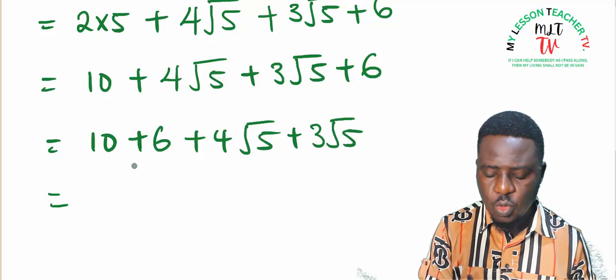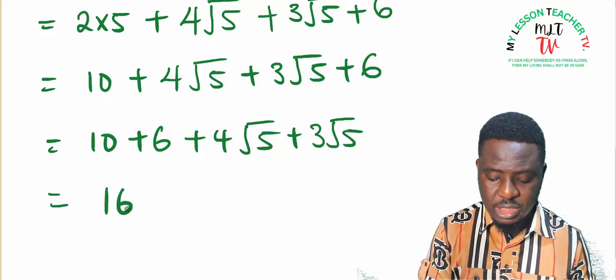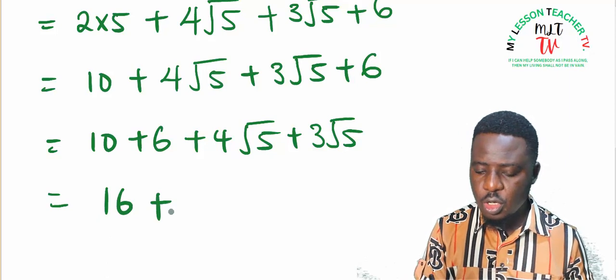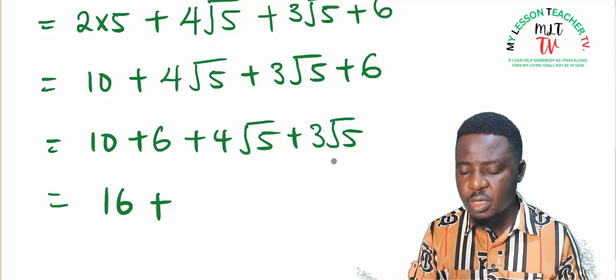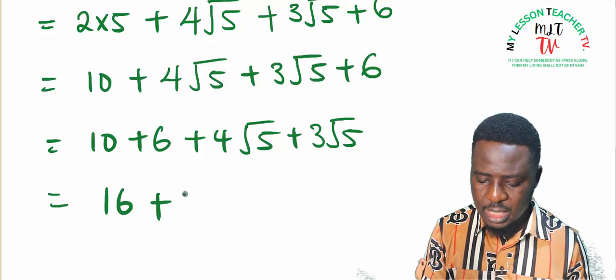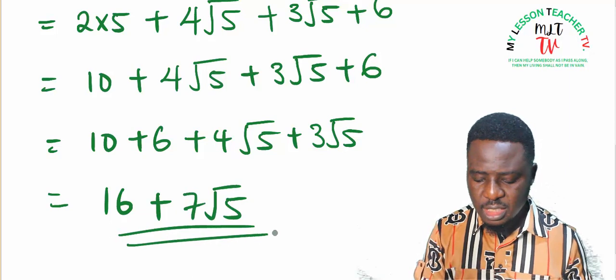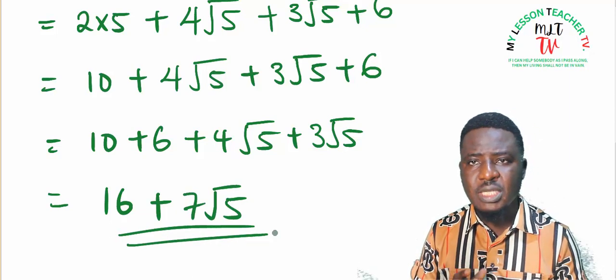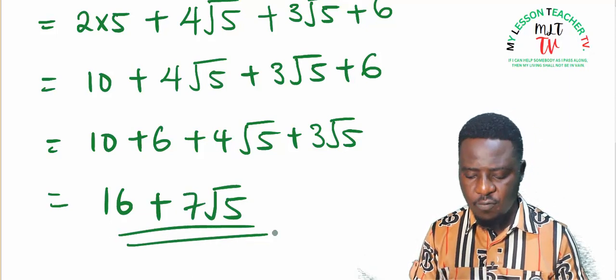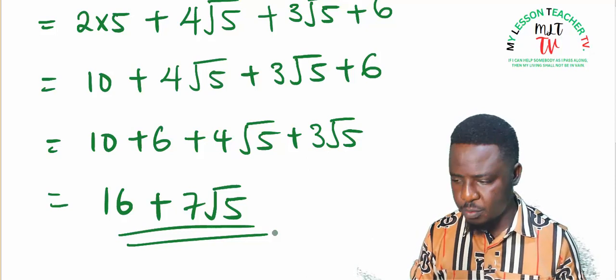And this is equal to 10 plus 6 gives us 16 plus, since 4 root 5 plus 3 root 5 are like terms, we can then add them together to get 7 root 5. And this is our answer, because you cannot simplify it further from where it is. So it is best advisable you leave it in surd form.